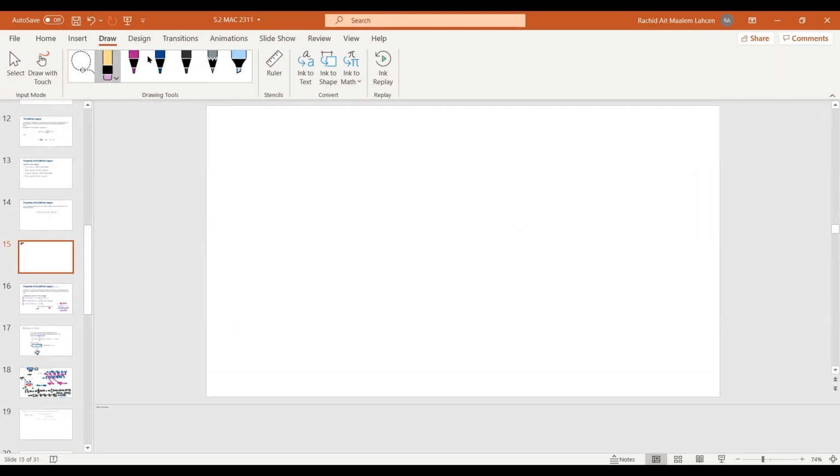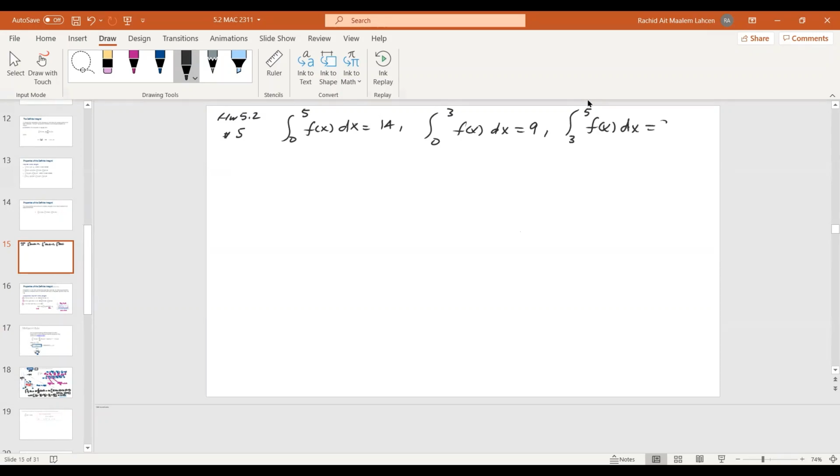Let's say you're given that an integral is 14, and this integral is 9, and this integral is unknown.